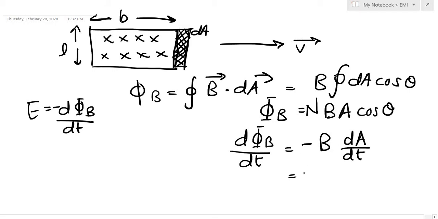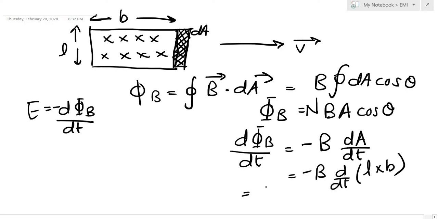Now area can be written as length times breadth. If you see in this motion, the length remains the same. It's just the breadth changing. Like this new breadth causes more or fewer magnetic field lines to cut through the surface.